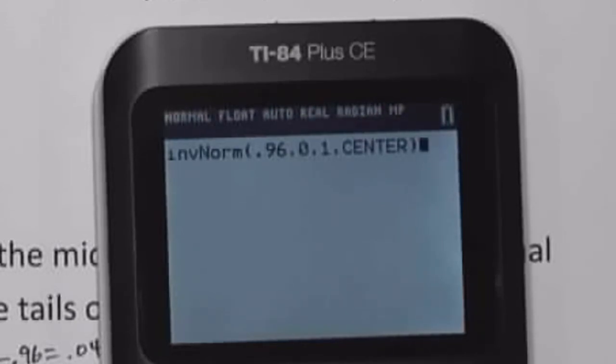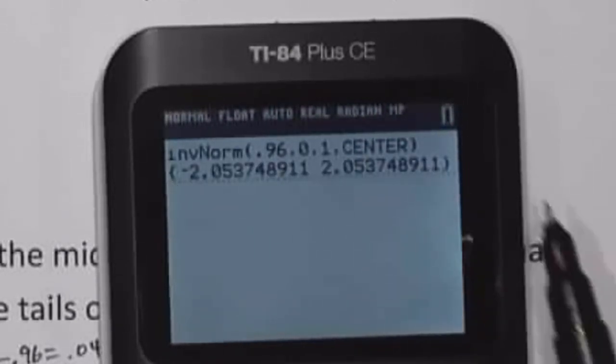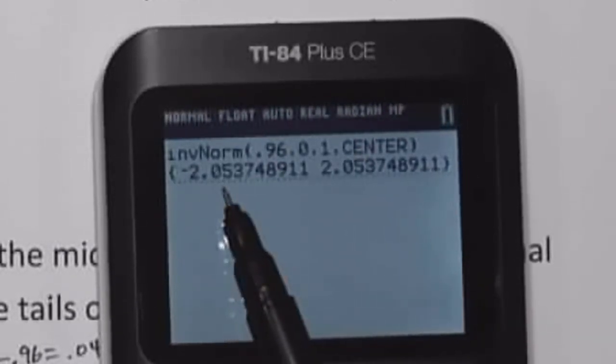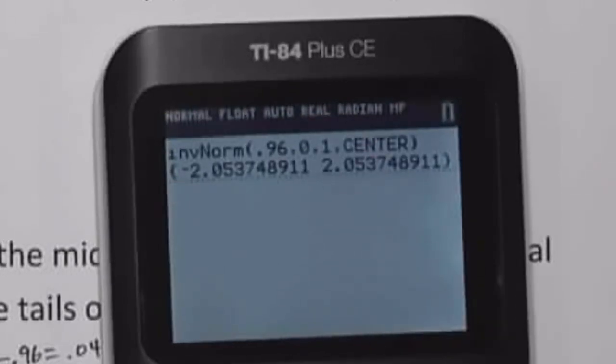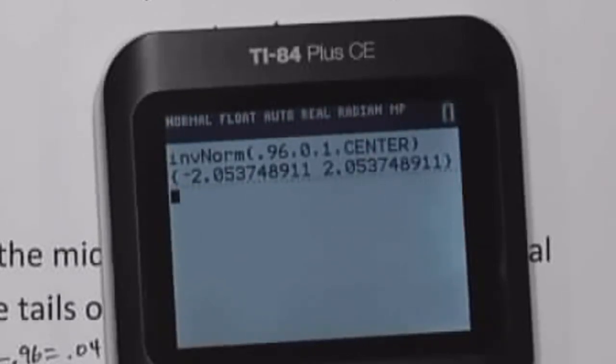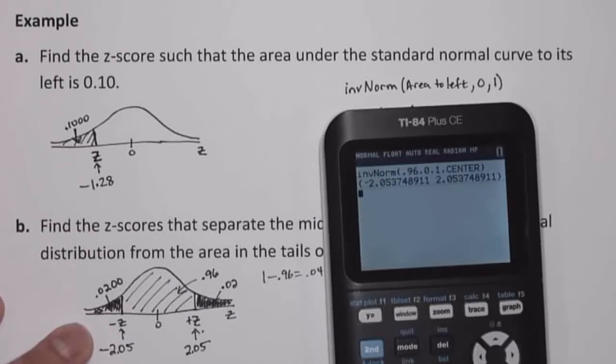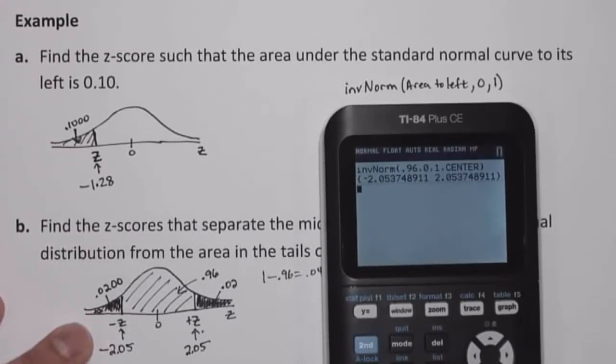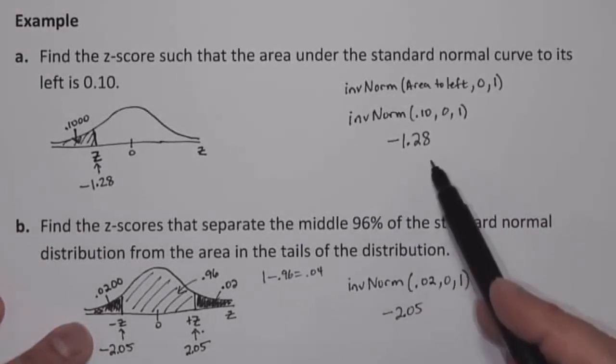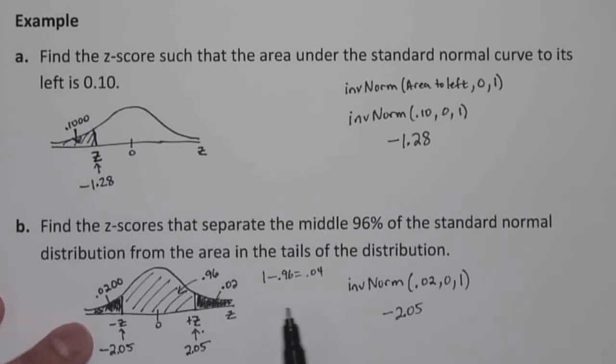And when I paste that, notice it says center, and so I get negative 2.05 and positive 2.05. So it gives me both of those values. If you have an older calculator, though, you don't have that feature on your calculator. You have to do it the way we did it the first time. So we have found the same results that we found by hand with the calculator.